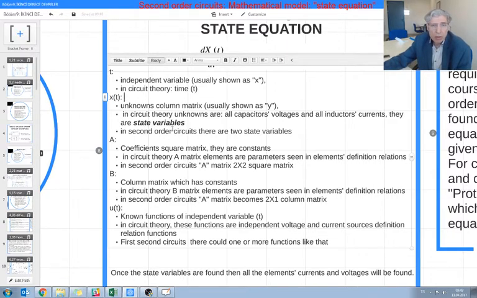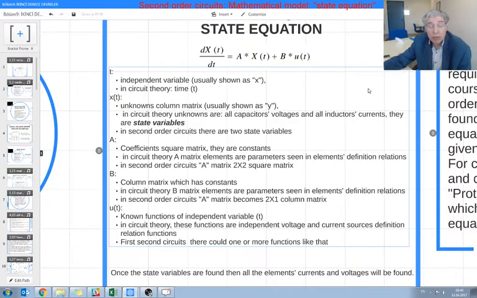Unknowns. In our case here, the unknowns are special. They are called state variables. The state variables of a state equation, which is this x, are inductor current and capacitor voltage. You cannot change these state variables.